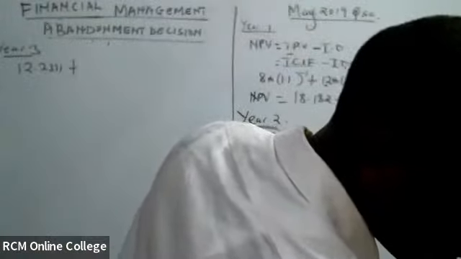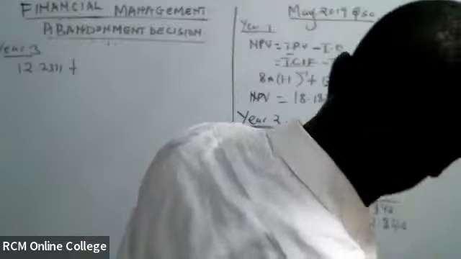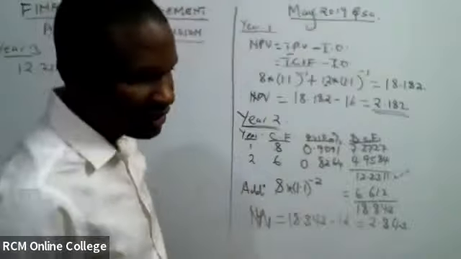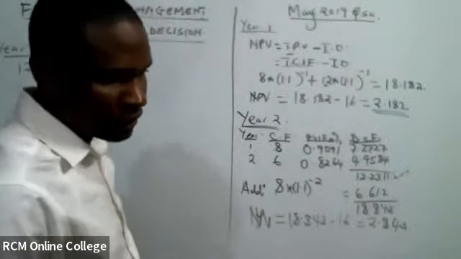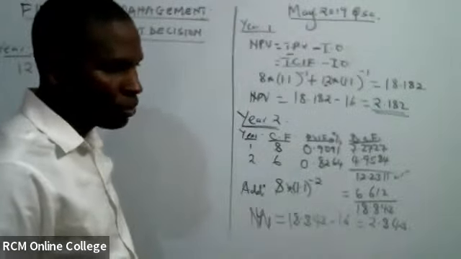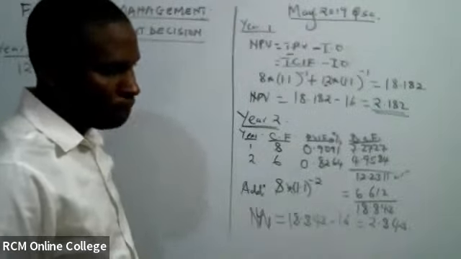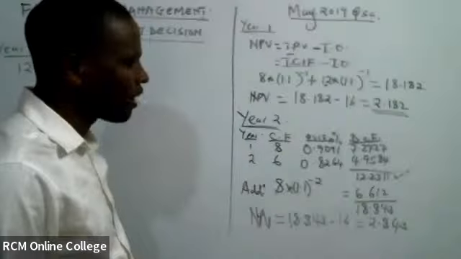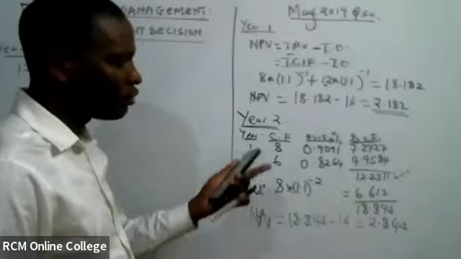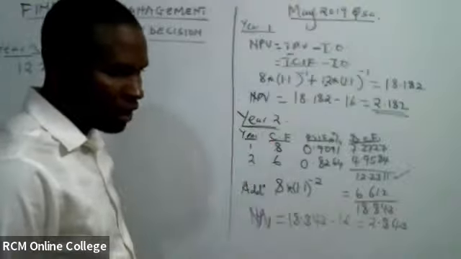What did you get? Was 0.862 correct? Plus, we have 8, okay. So HK, kindly check, if you are using the table, whether you used the right column.